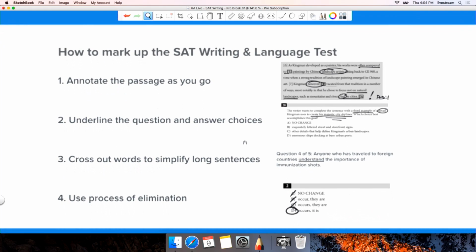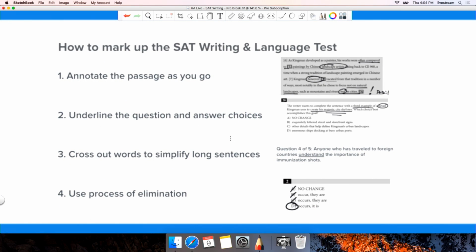So how you can mark up the test. There are broadly 4 tips that I would share with you. The first is to annotate the passage as you go. This involves circling, underlining, boxing things like transition words or topic sentences. Transitions or topic sentences are important as well.